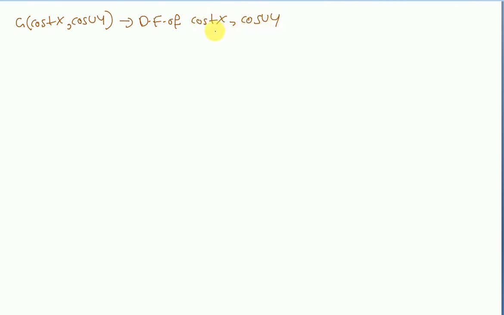It is the joint distribution function of random variables cos tx and cos uy. Is it clear? Then we can write it as probability cos tx is less than some point a, and probability cos uy.